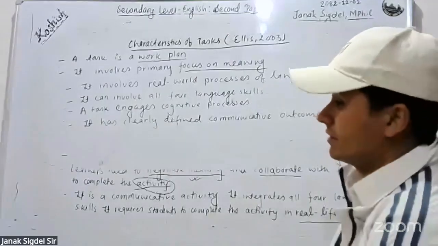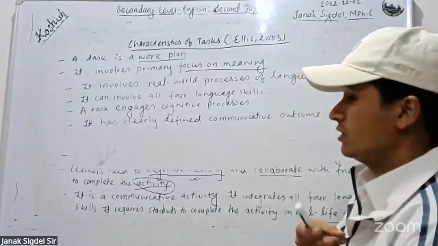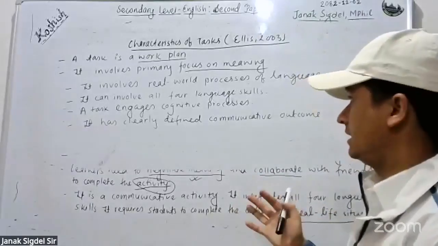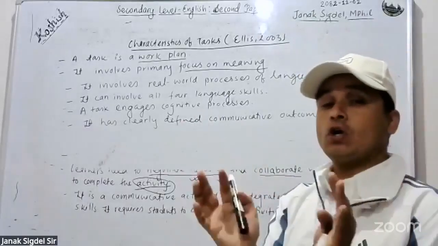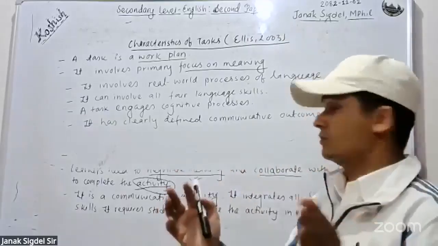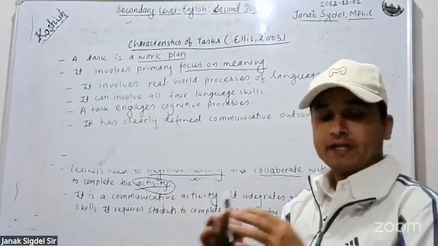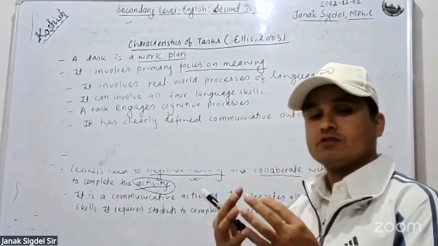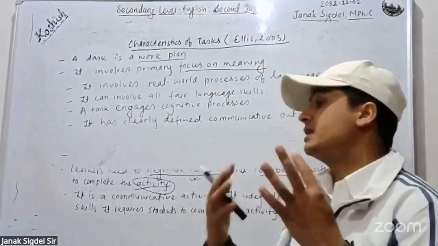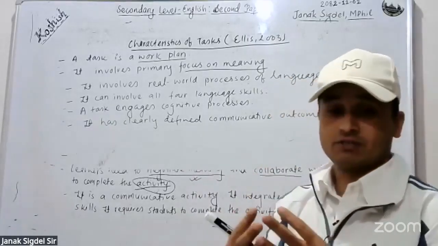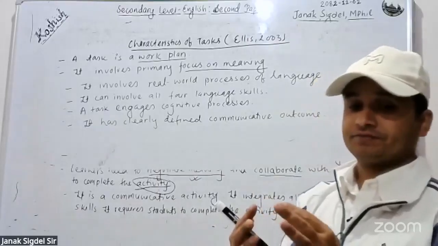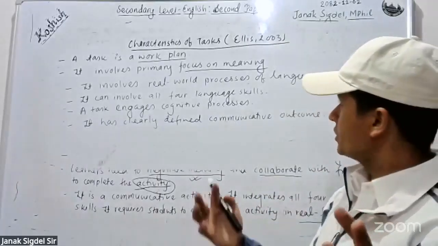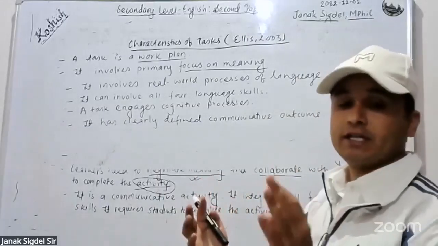It creates a real life context in language learning that will make language learning more natural. So it integrates all four language skills. It provides learners with a natural context for language use, a real life context. So it especially uses authentic language also.